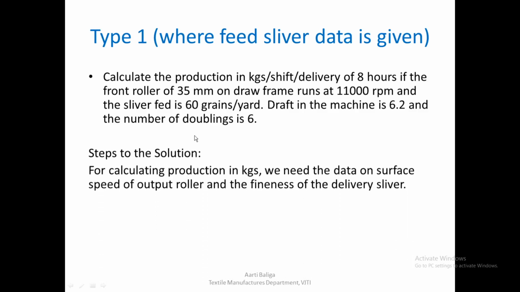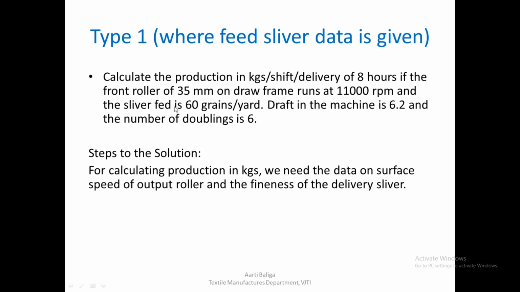So here, for calculating the production in kgs, whenever we need to find out production, we always need two data sources. One is the output roller surface speed and the other is the fineness of the delivered product, or the delivery sliver in this case. In the above problem, we have been given data about the output roller, that is 35 diameter and the speed of it.